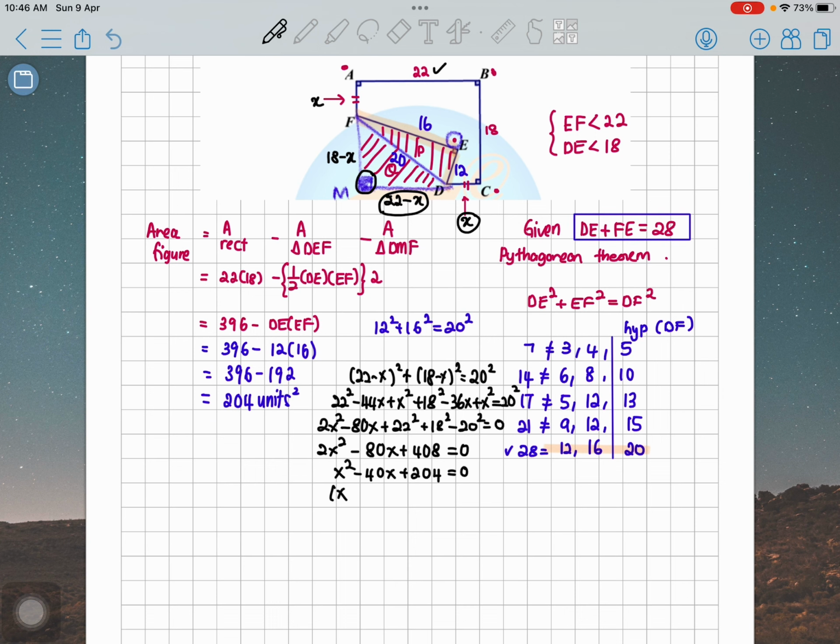And you can quickly factorize. 36 and a 4 will give us 204. 34 and a 6. Can the x be 34? Your length of AB is only 22. So there is no way your x can be 34. So the x is exactly 6. If you know that the x is 6, you know that this is going to be 16 and this one is going to be 12. See, 12 and 16. And that's what we're getting here, 16 and 12. You can also solve it in a longer method.